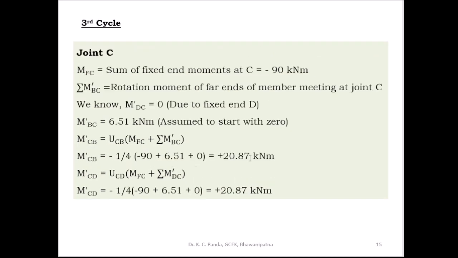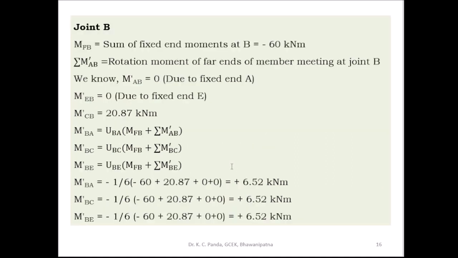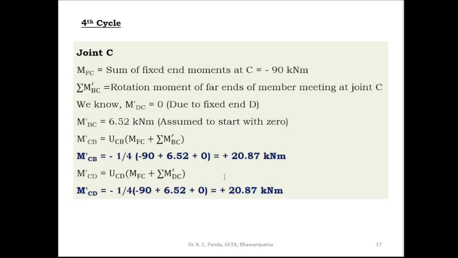So this is the third cycle: 20.87 at joint C, and at joint B, m dash BA 6.52, m dash BC 6.52 and m dash BE 6.52. Then again for the fourth cycle, m dash CB is equal to 20.87 and m dash CD is equal to 20.87. So there is no difference between the third and fourth cycle reading, 20.87.